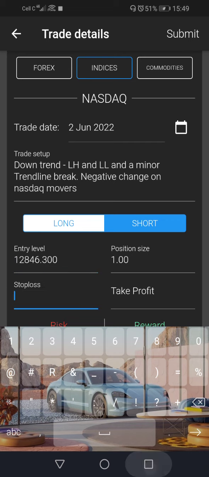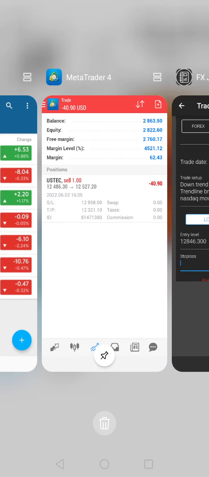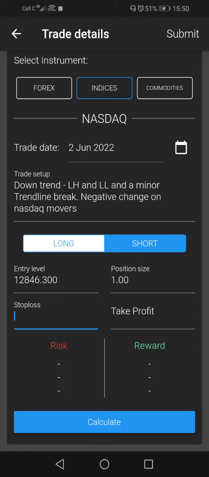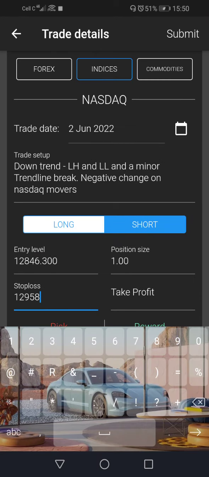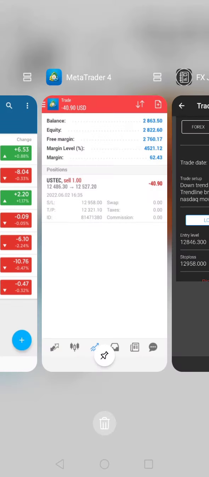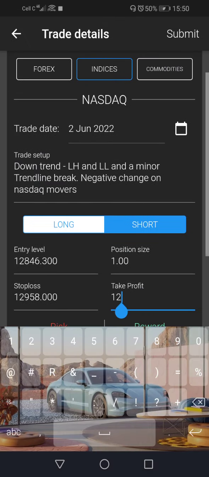Stop loss is at 12,958, and take profit is 12,321.10.